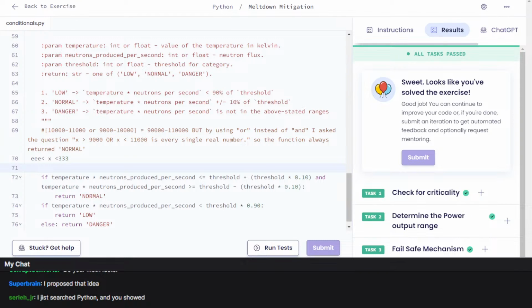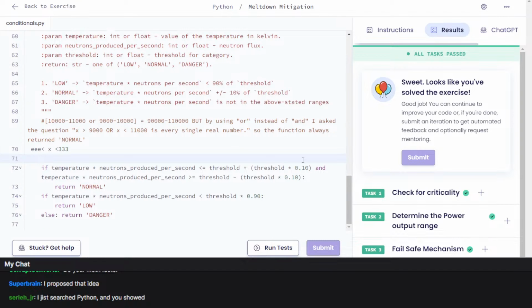It was you, Brain? Oh, okay. Also that you could check the 2 non-normal options and leave normal for the else.